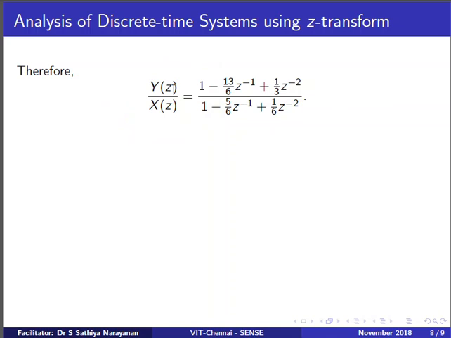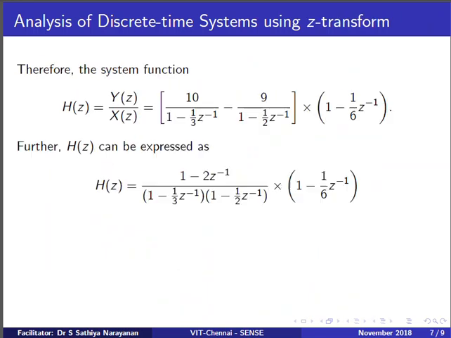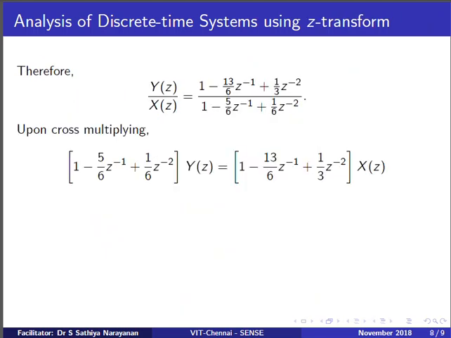So it's quite straightforward. Now when we cross multiply the terms, on the left hand side we will have Y of z terms, and on the right hand side we will have X of z terms. So upon cross multiplying, we nicely have Y of z terms to our left, X of z terms to our right.